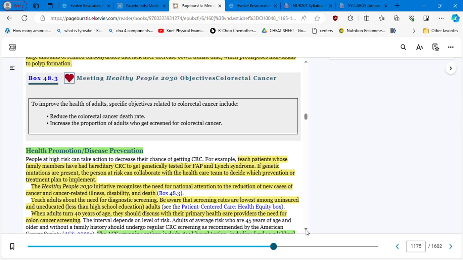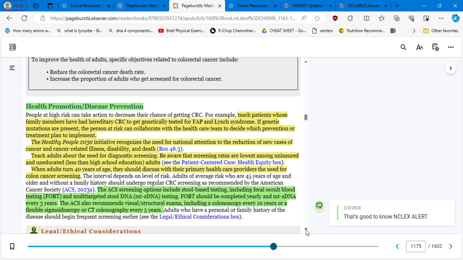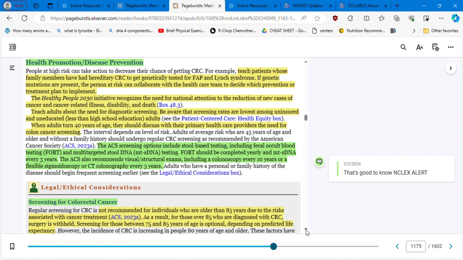So meeting Healthy People 2030 objectives for colorectal cancer, the most important is to reduce the colon cancer rate and increase the proportion of adults who get screened for colorectal cancer. Health promotion, disease prevention: teach patients whose family members have had hereditary CRC to get genetically tested for familial FAP and Lynch syndrome.